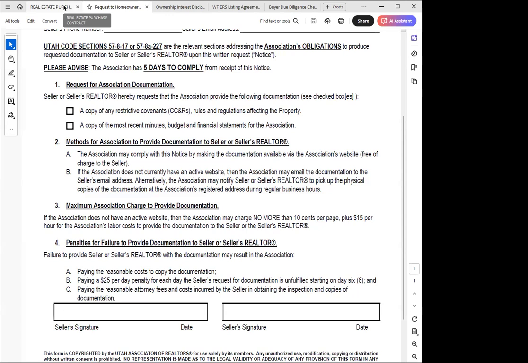From my research, my sellers pay for access to those as part of their HOA fees, because my understanding is legally they can't restrict owners within the HOA from accessing their own documents. So my advice is to go through the sellers. They should have access for free to those documents.